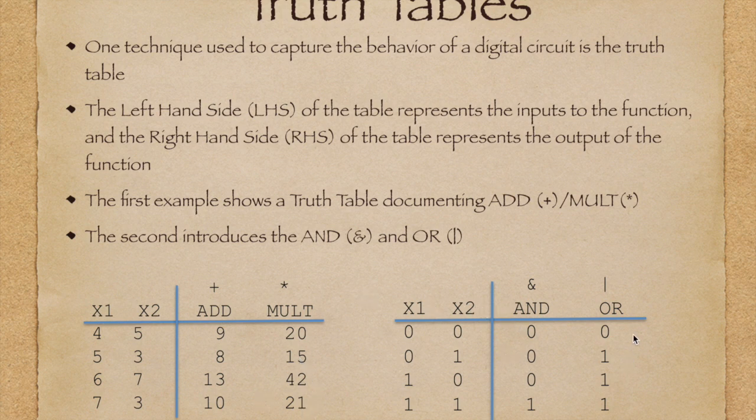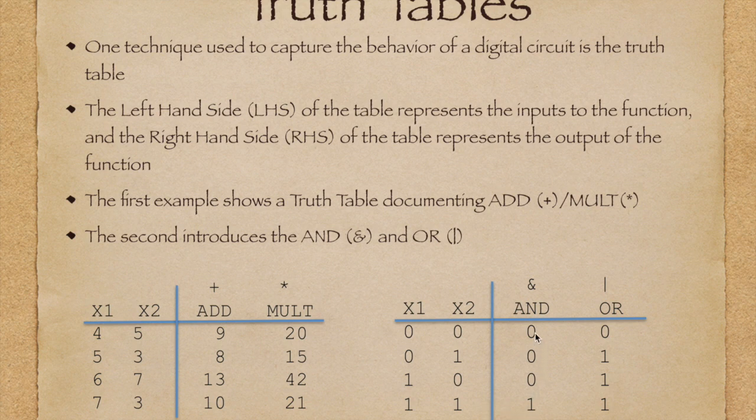Now, when we look at our logical operators, now our operands are bits. So there's only 4 possible patterns for 2 inputs: 0 0, 0 1, 1 0, 1 1. And now we can document the behavior. So the AND is only true if both are a 1.